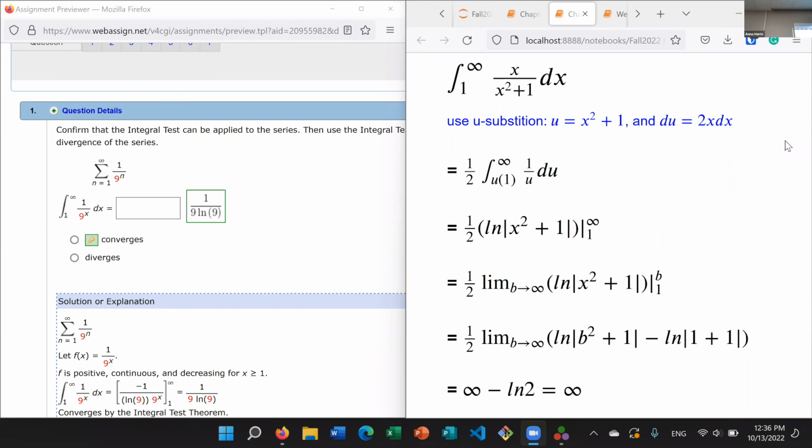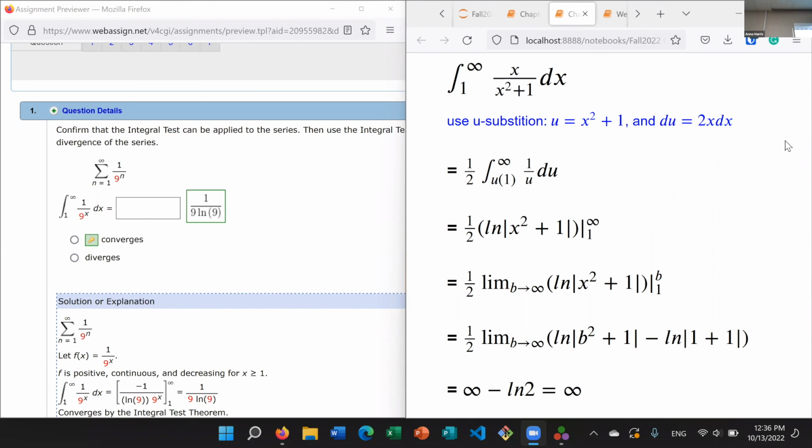I can put the denominator as my u. x squared plus 1 is my u. What's my du? 2x dx. So I'm going to replace that with u. And I need a 2, but I don't have a 2. So what am I going to do? Multiply by 2 and then divide by 2. Are you with me, class?